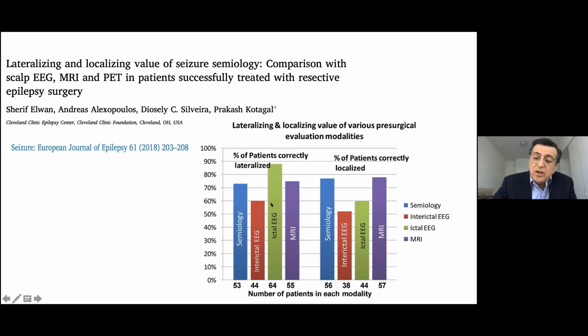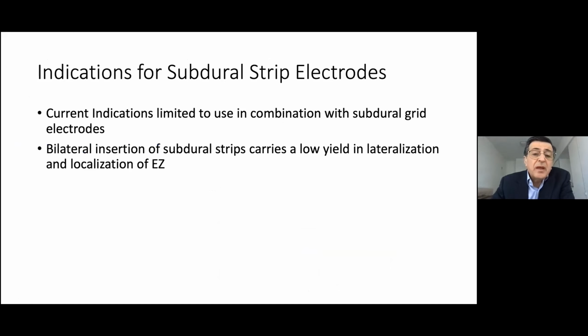Only ictal EEG lateralized the patient better, and also semiology localized the patient as well as any other technique. So it's very important before planning to get a very good history from the patient and get all the information together before the placement of the subdural electrode, again, for proper placement.